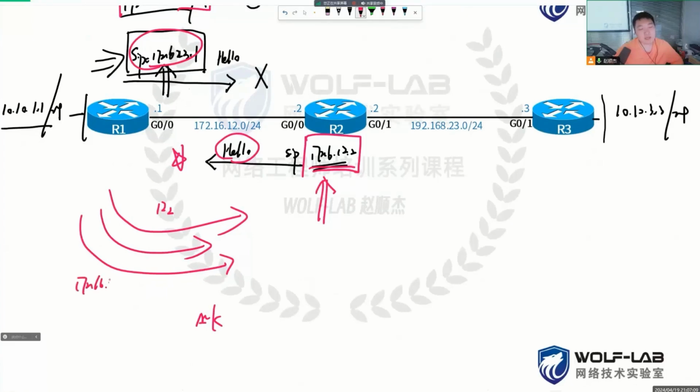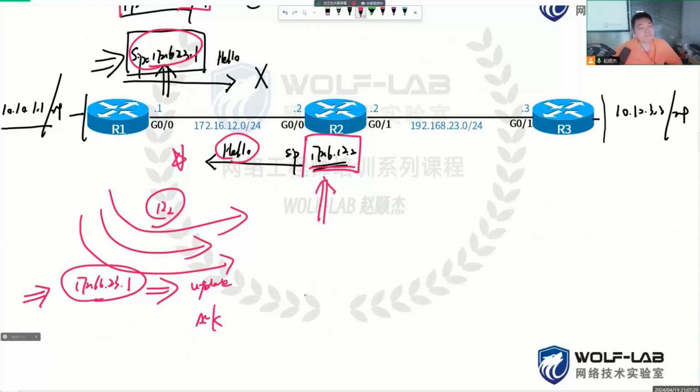We have mentioned before, once we have established a neighbor relationship, we will use the update packet to confirm the reliability of our link. So for R1, I have now received R2's hello packet. I think R2 is my neighbor. What to do?